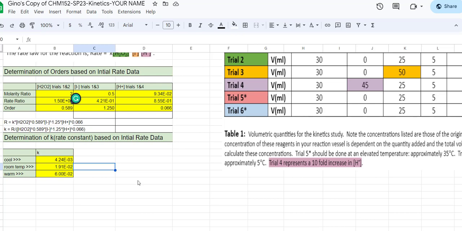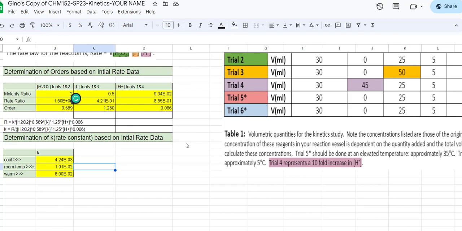We need to be mindful that the pH changes as temperature changes. So we can't use the hydrogen ion concentration that was for trial 1 for determining the K at the cool and the warm temperatures. We need to use the pHs at those warmer and cooler temperatures to determine the actual H+ concentrations.